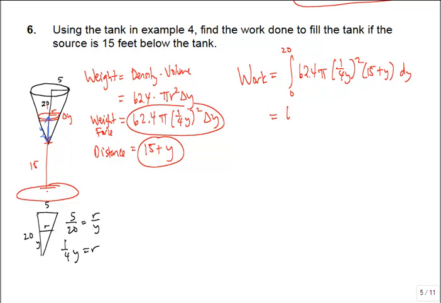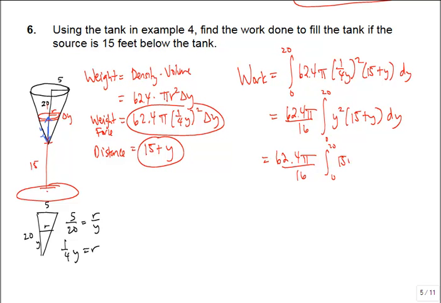So this is going to become 62.4 pi over 16 from 0 to 20, and I'm going to get a y squared times that 15 plus y. So that's going to give me 15y squared plus y cubed. So when I integrate that, I'm going to have 15y cubed over 3, or just 5y cubed, plus y to the 4th over 4 from 0 to 20.